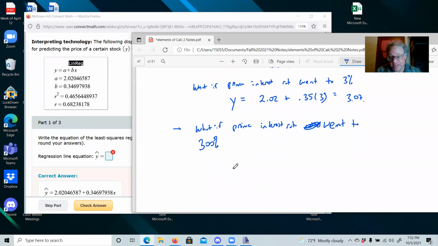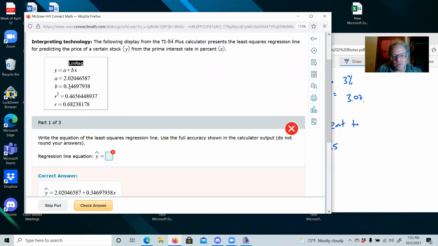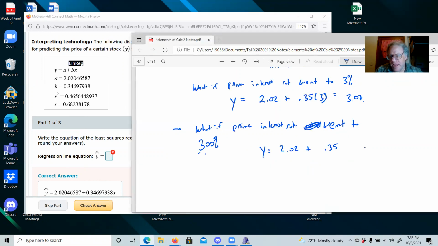I'm not kidding. It really is. It's really high. If you are going to payday loan people, unless it's an absolute emergency, please stop. Okay, but your price is going to be $2.02 plus 0.35, getting the 0.35 from the rounding up here. So this is 0.346. We're rounding up there, and we're going to type in 300.